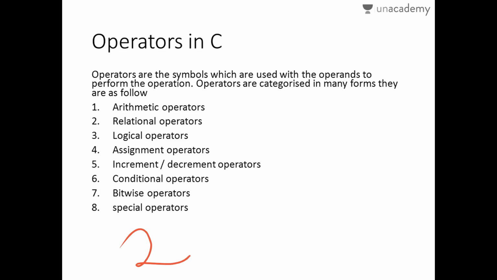Like if I am writing 2 plus 3, here 2 and 3 are the operands, plus is my operator, and the operation means the addition operation is going on over here. 2 will be added to 3.